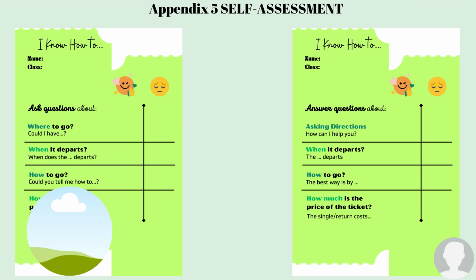There are two different forms here. The first one is about asking questions, and the second is about answering questions. Here you can tick a happy face if you understand what you have learned today, and tick a sad face if you are having problems or you did not really understand today's lesson. Please give it to me at the end of the class.